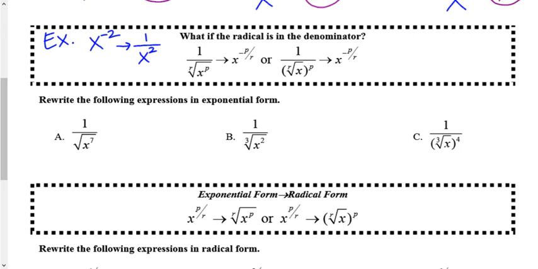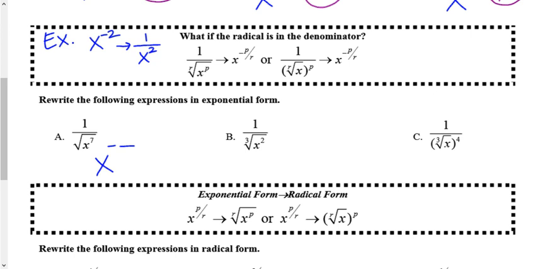So same thing here. If it's in the bottom, I'm going to make sure that my exponent is negative, because then if I were to rewrite it the other way, I know that negative exponents means I bring things to the denominator. So I'm going to do this the exact same way I was doing it. I'm going to start by writing my x, but since my radical is in the denominator, I'm going to add a negative outside of that fraction.